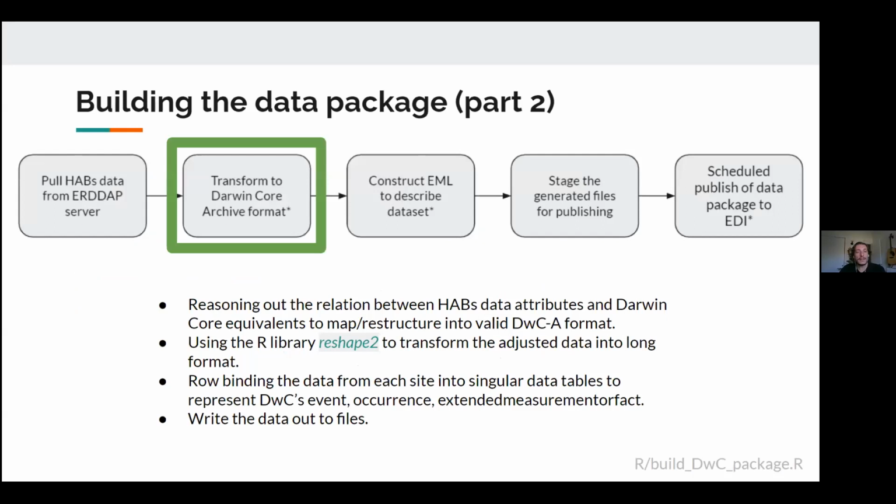But to actually do this transformation of the data, which is coming out of ERDDAP and is definitely not in Darwin Core Archive format, is mostly an exercise in understanding how the data maps into the Darwin Core compliant equivalents.